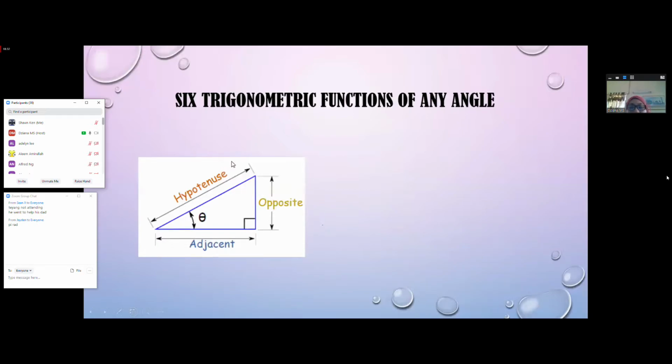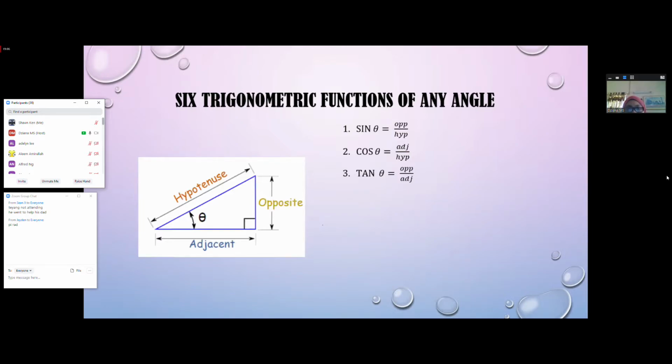The first trigonometric function is sine theta, which is opposite over hypotenuse, SOH. Cos theta is adjacent over hypotenuse, CAH. And the third basic one is tangent theta, which is opposite over adjacent, TOA.